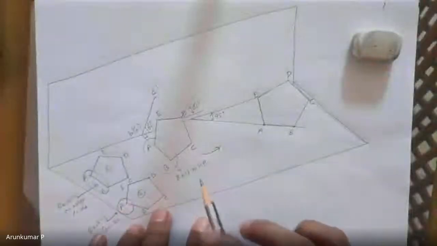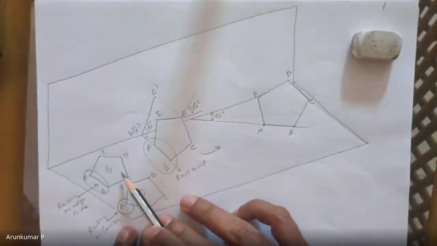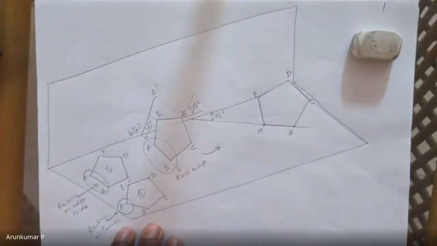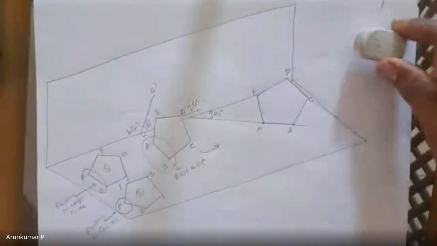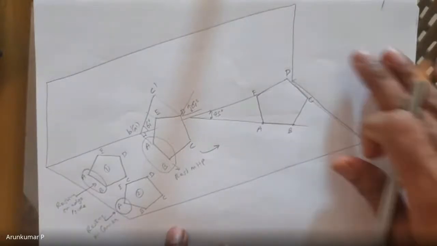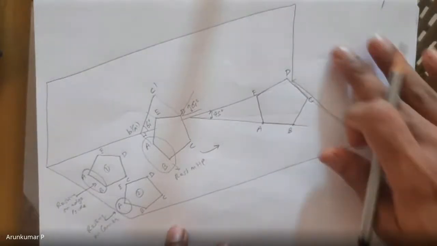Okay, so this is how you need to plan for the first step, the second step, and the third step. Now we'll draw this in 2D.